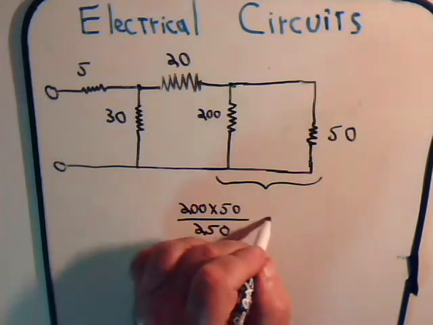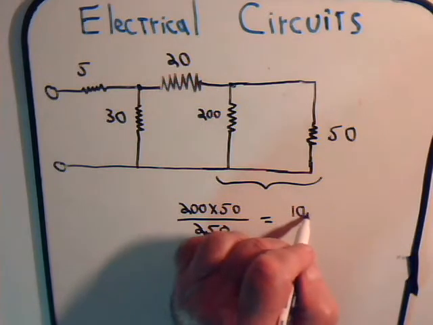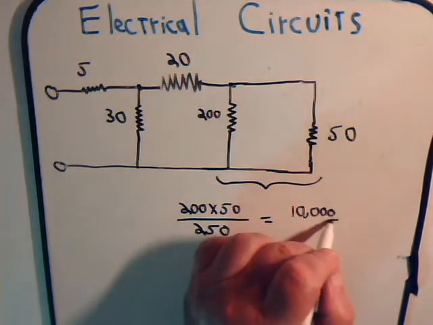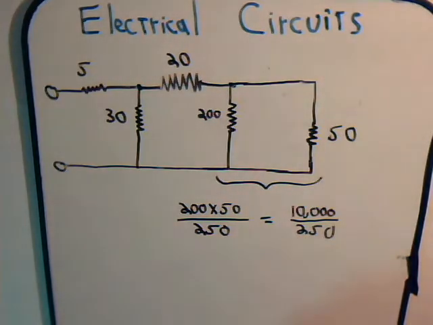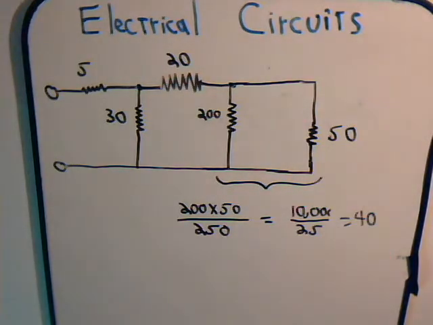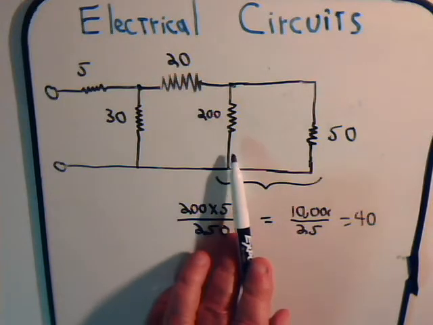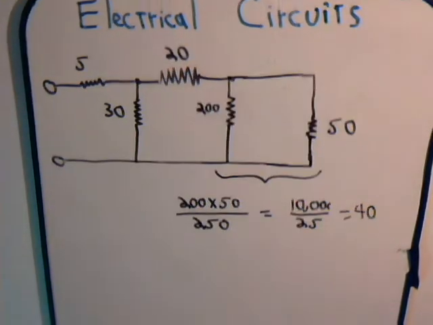So here we have 10,000 divided by 250, or 1,000 divided by 25. So that equals 40. So these two resistors have an equivalent resistance of 40.